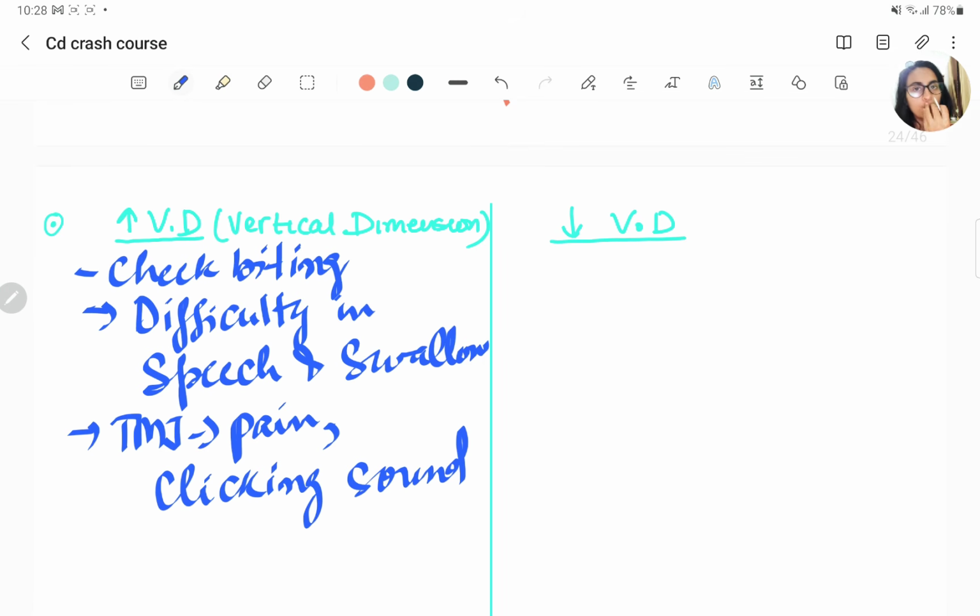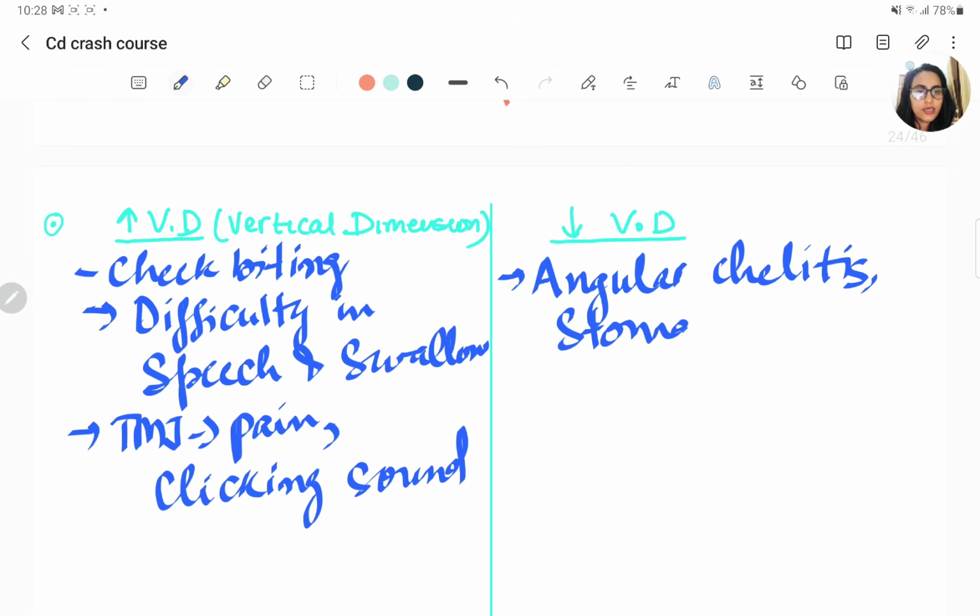If you have reduced this vertical height, that means the patient's mouth will be like this. So there will be folds at the corner of the mouth, and these folds will lead to angular cheilitis, angular stomatitis, because saliva is going to accumulate over these folds.